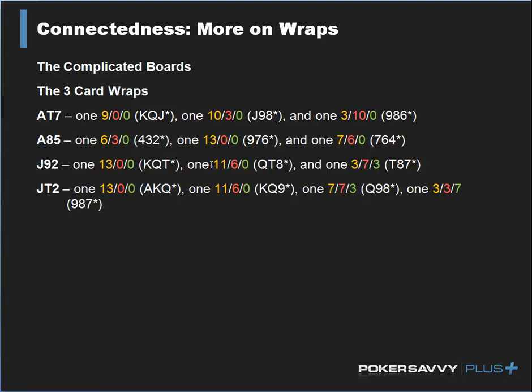You've got one 17-out wrap that uses the two open-enders together, Queen 10 and 8, but it has 6 non-nut outs. And then you've got the one under 13 wrap, 10 8 7, which uses the bottom open-ender and the bottom gut shot card and only has 3 nut outs. It's the 3 7s, and all of the other 10 outs are non-nut.